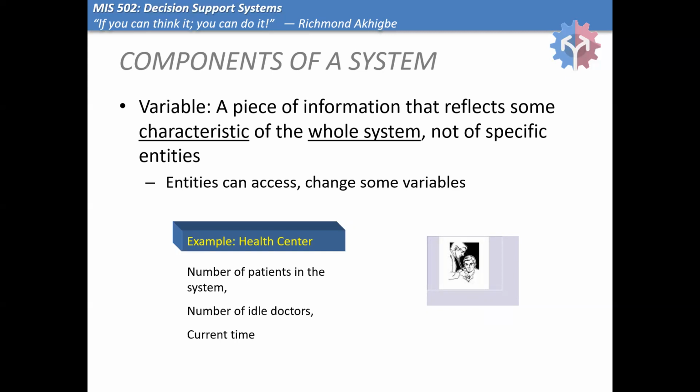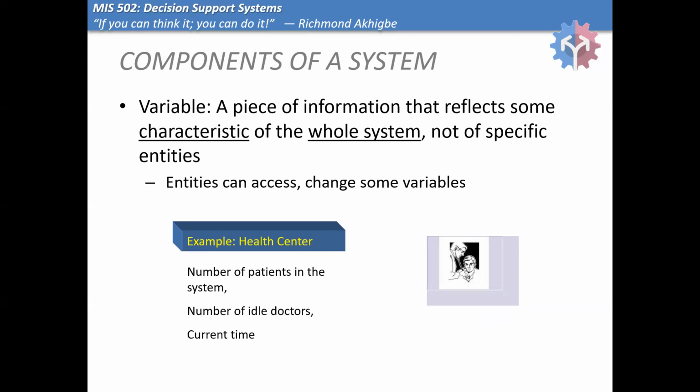When we say attribute, we are specifically talking about the entity. But when we say variable, we are talking about the whole process. So a variable is a piece of information that reflects some characteristic of the whole system, not of specific entities.